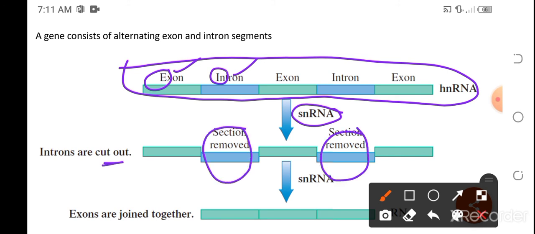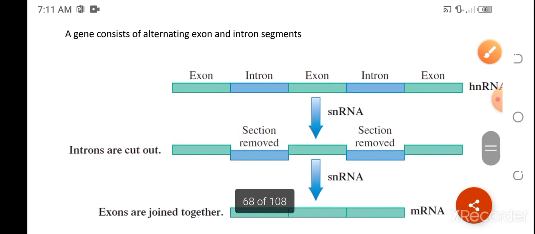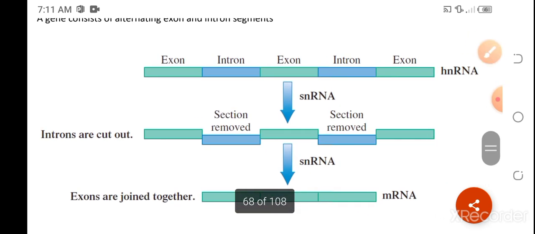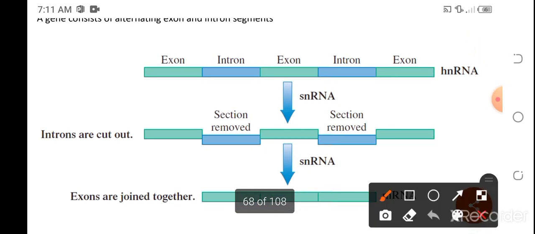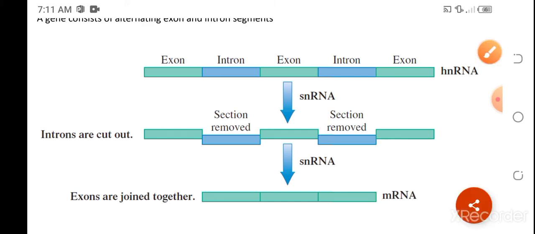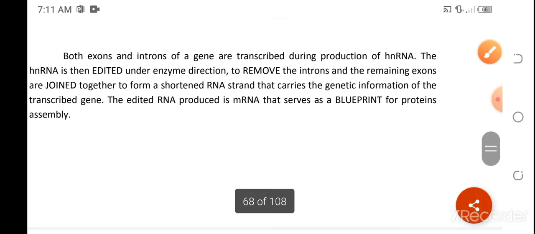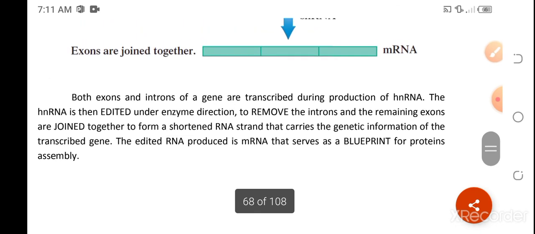So, tatanggalin daw yan. Kasi nga wala naman siyang laman na message. Okay? And still with the action of snRNA, these exons are now being joined together to form the mRNA. Okay, ulitin natin. Exons nare-retain, introns tinatanggal during this post-transcription process. And this post-transcription process is known as splicing.